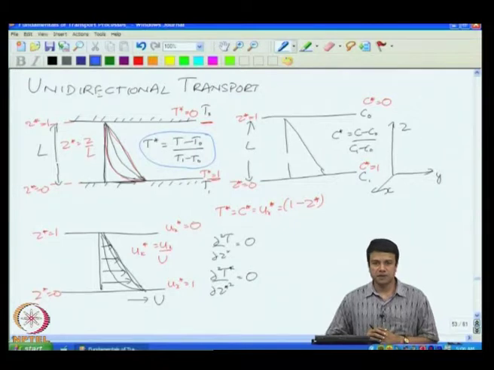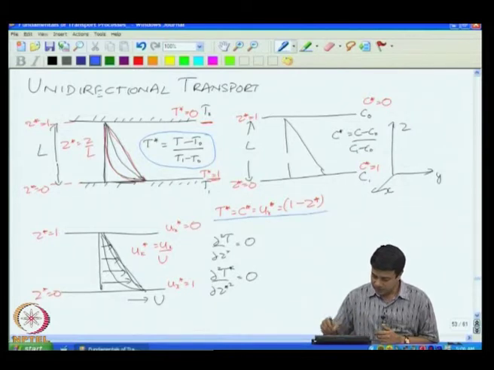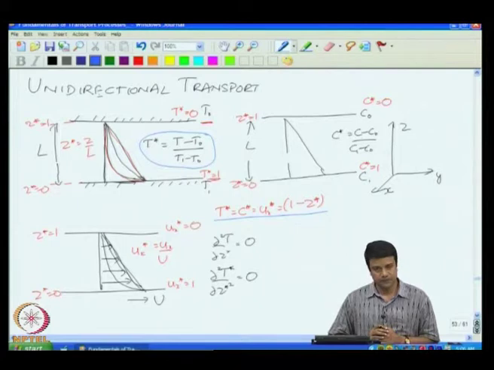The quantities being transported once again vary between 0 and 1. So, all of them have a common solution. Okay. This is the solution at steady state. Okay. The linear profile for the temperature, concentration and velocity fields. Okay. So, that is where we stopped off in the last lecture.